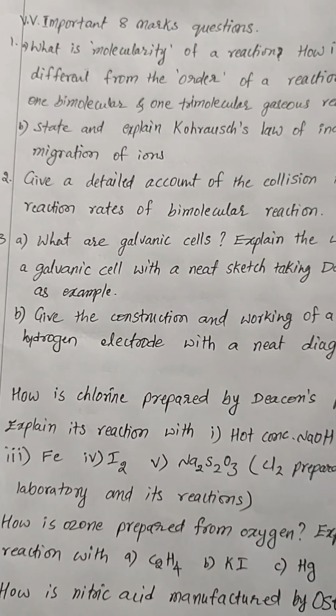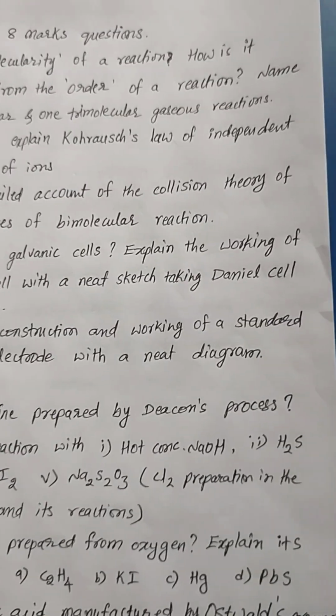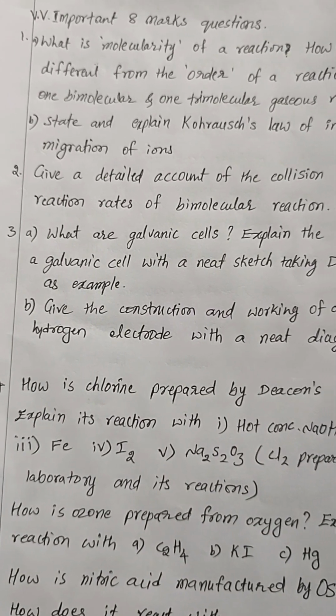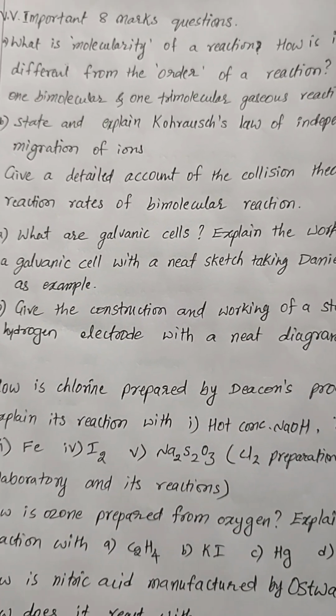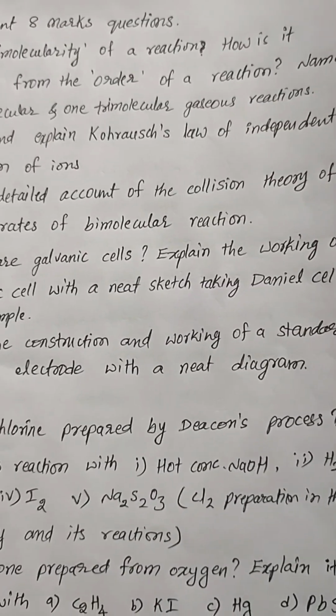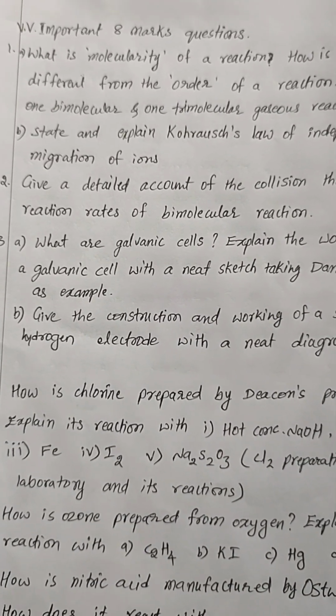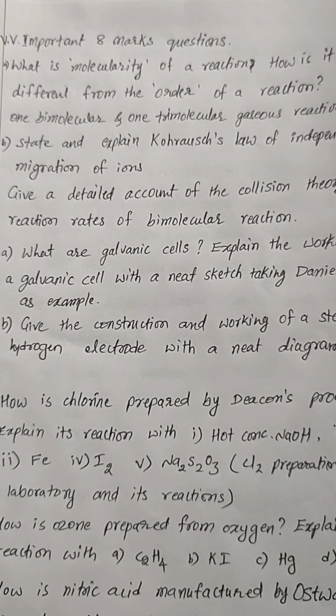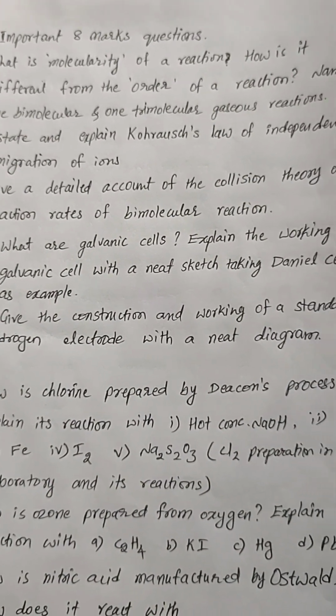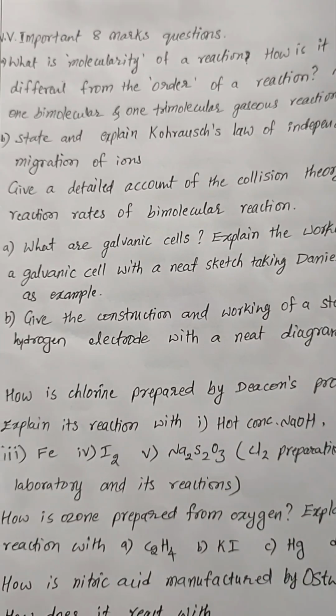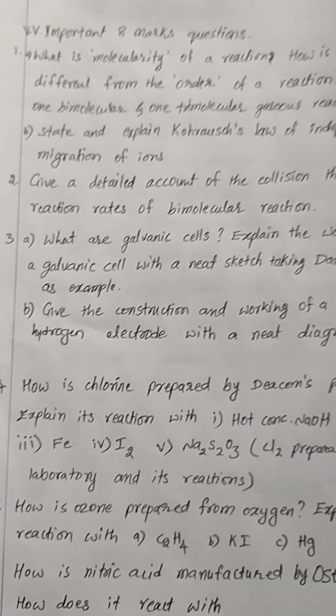How is it different from the order of a reaction? Name one bimolecular and one trimolecular gaseous reaction. In this only, second bit: state and explain Kohlrausch law of independent migration of ions.